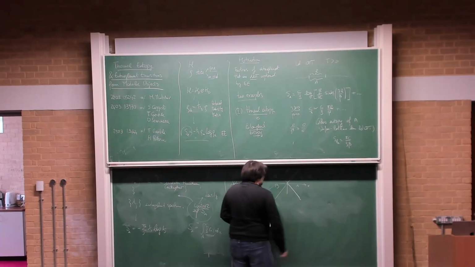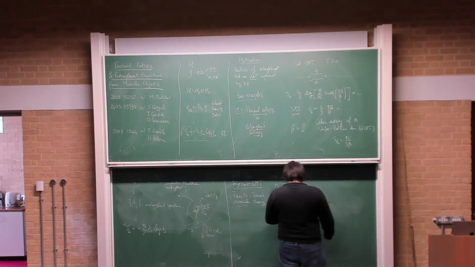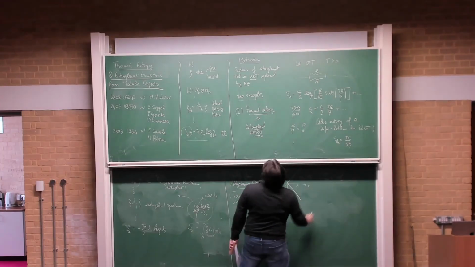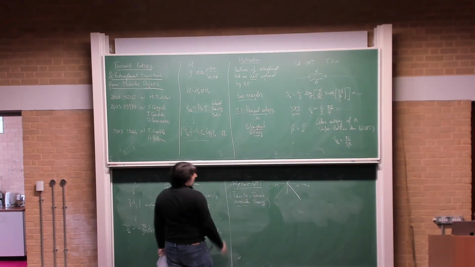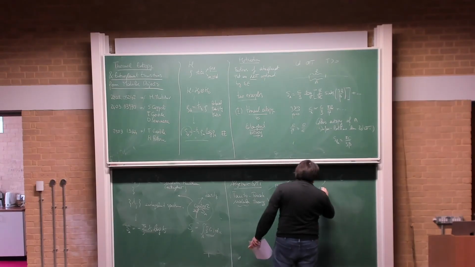This is the example. You consider the Hilbert space of the full theory, H, and you consider a state which is cyclic and separating.